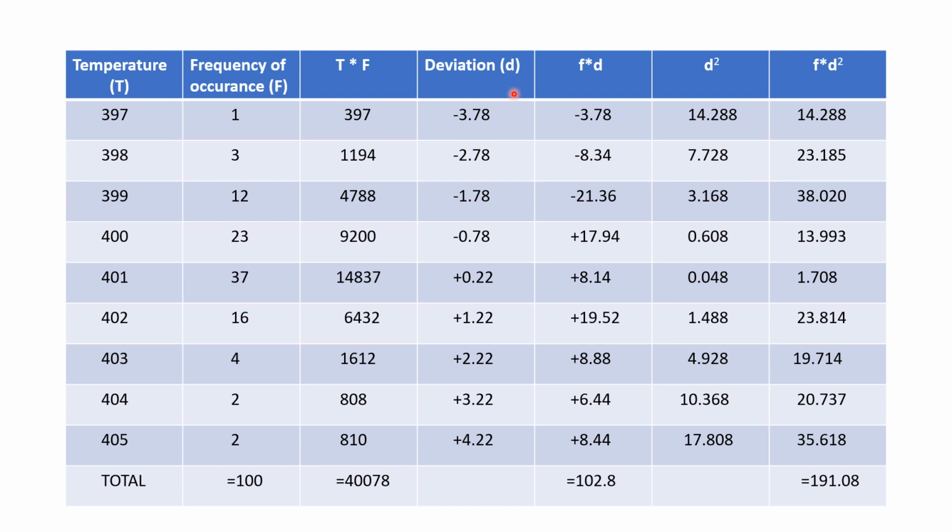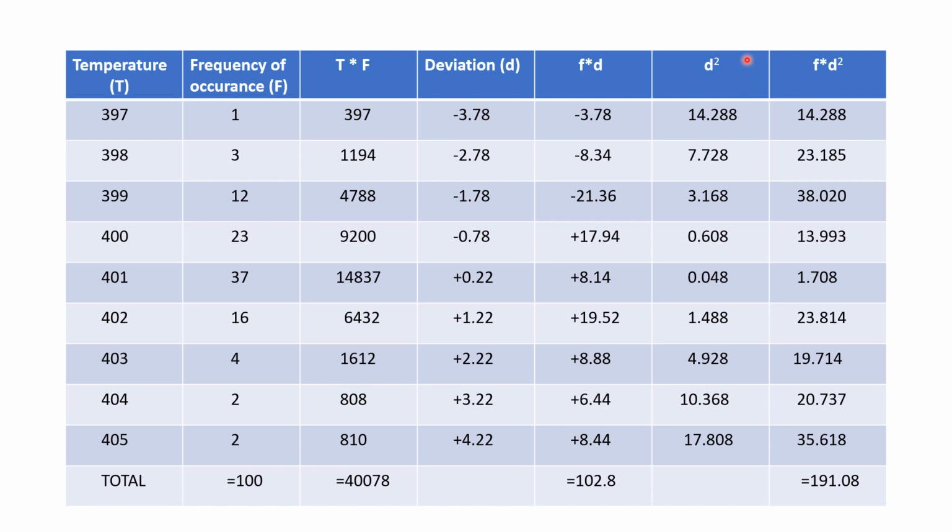Similarly, I have calculated the fourth column as deviation for each one in the given data: minus 3.782, plus 4.22, and so on. Then I multiplied F, the frequency of occurrence, into deviation, starting from minus 3.782, plus 8.44.